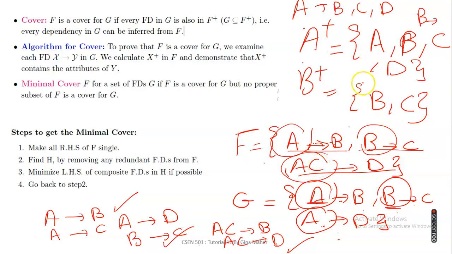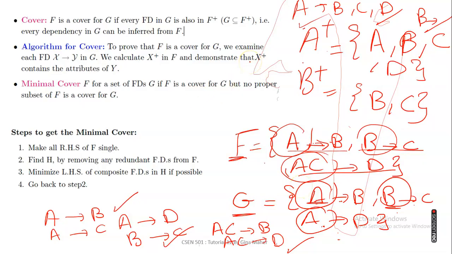Actually, A implies B is found. A implies D is found. And B implies C is found. So F is a cover for G. Okay? It's just a cover.